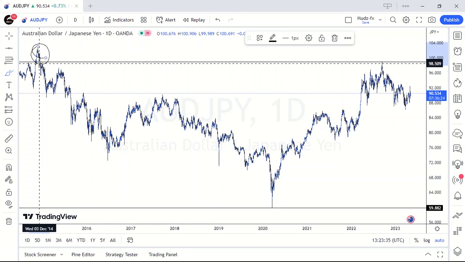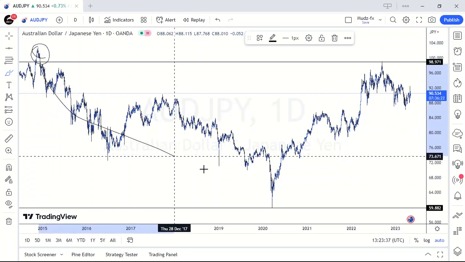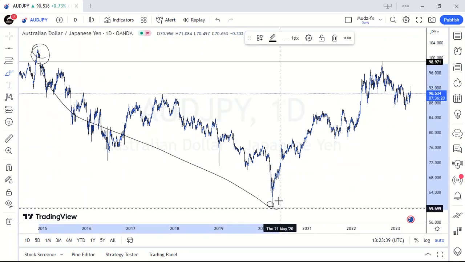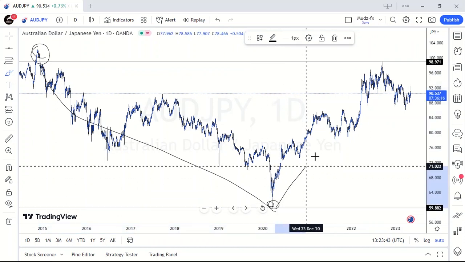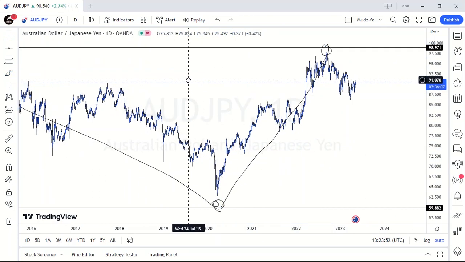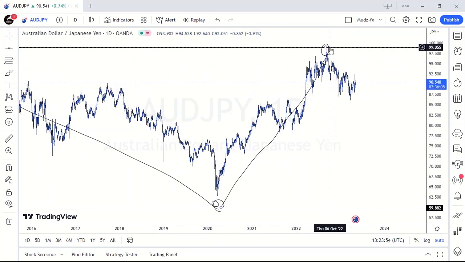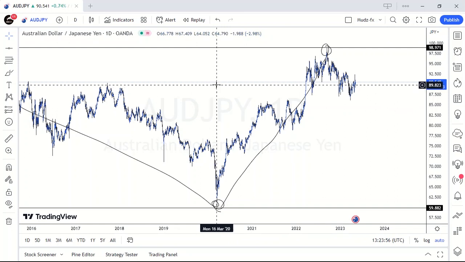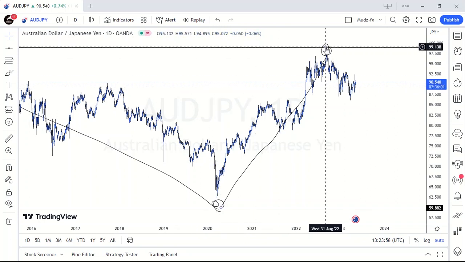Then the market was pushed down to our significant support. Then it bounced and pushed up to our very same significant resistance. So now we want to see if the market is gonna get pushed down to our very same significant support.